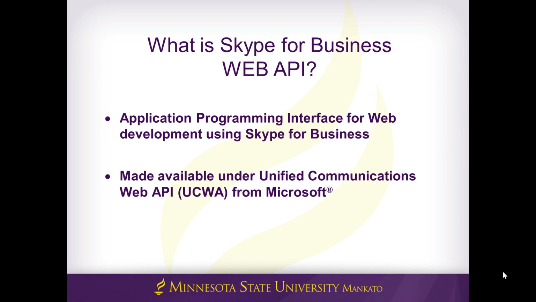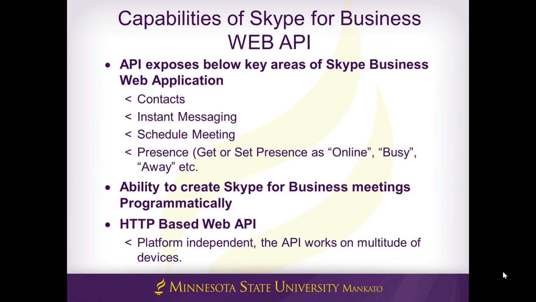The Skype for Business Web API is part of the larger umbrella, the Unified Communications Web API, also known as UCWA, which is made available by Microsoft. Capabilities of Skype for Business Web API.